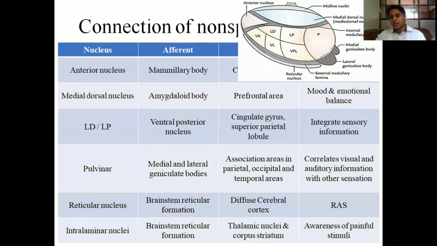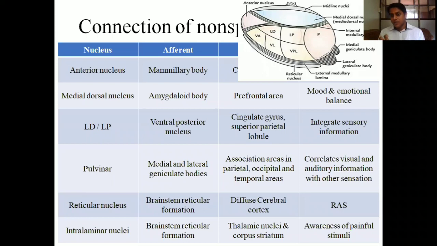They are located in the brainstem. So they get the afferent right from the brainstem reticular formation, and they give the signals in a diffuse manner to the cerebral cortex. So they are concerned with the reticular activating system, reticular nucleus. Likewise, the intralaminar nuclei get the signals from this brainstem reticular formation, and from here the efferent goes to the different thalamic nuclei and corpus striatum.